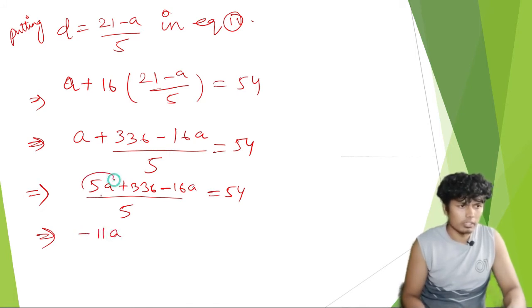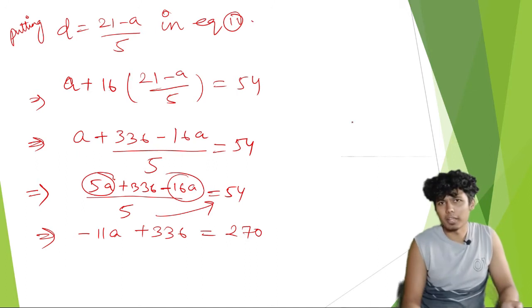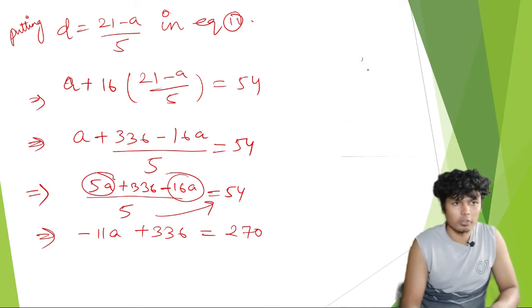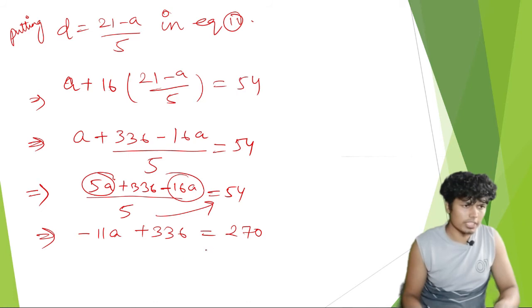It is minus 11a plus 336 is equal to, do the cross multiplication, 5 into 54. What will be 5 into 54? It will be 270. 5 fours are 20, 5 fives are 25, 26, 27. Okay, 270. Have you understood this one also?